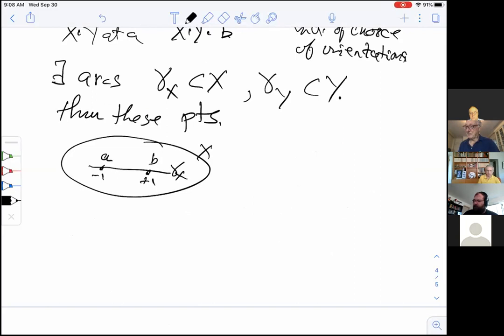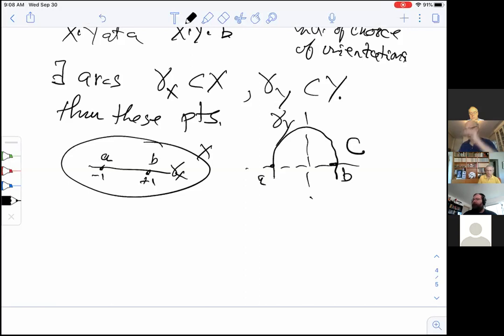I think of gamma x as coming from the x-axis. I'm going to think of gamma y as coming from the unit upper hemisphere. So let's call it C. This is in the plane. So this is the upper unit hemisphere in the plane. And this will be B, and this will be A, and this will be gamma y.